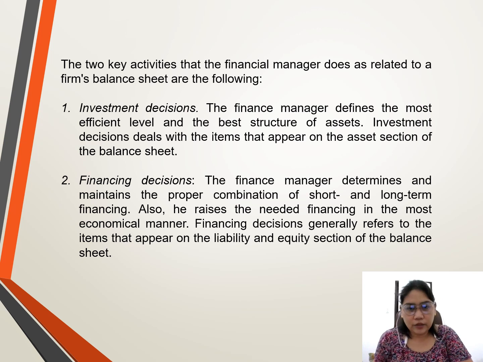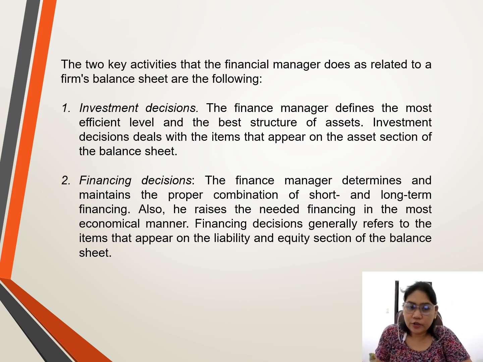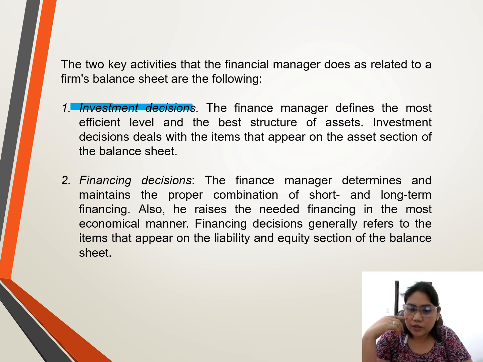The two key activities that the financial manager does as related to firm's balance sheet are as follows. The first one is the investment decision, wherein the finance manager defines the most efficient level and best structure of asset. Ibig sabihin, pag sinabi kasi nating assets, these are resources that are owned and controlled by the enterprise. So, ang kasama na dyan yung mga fixed assets, kasama dyan ang cash, kasama dyan ang receivable.